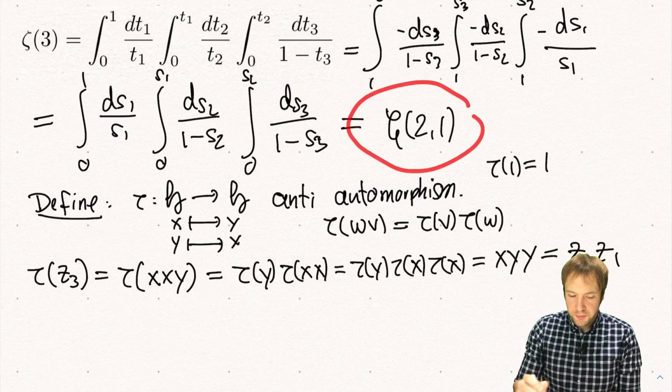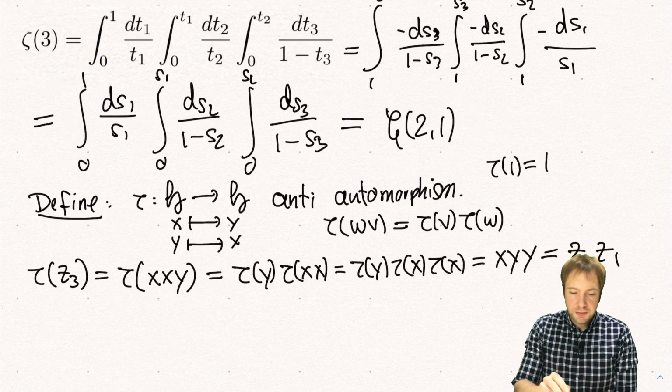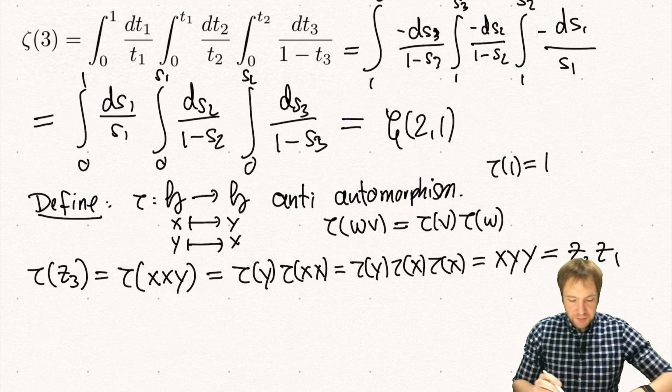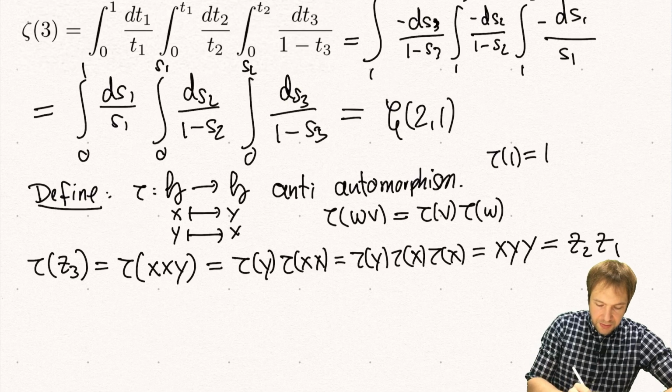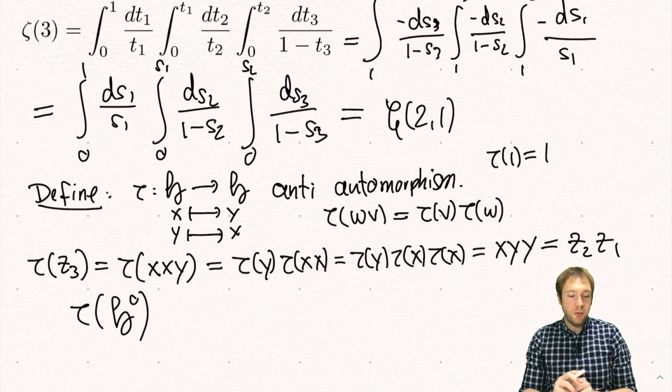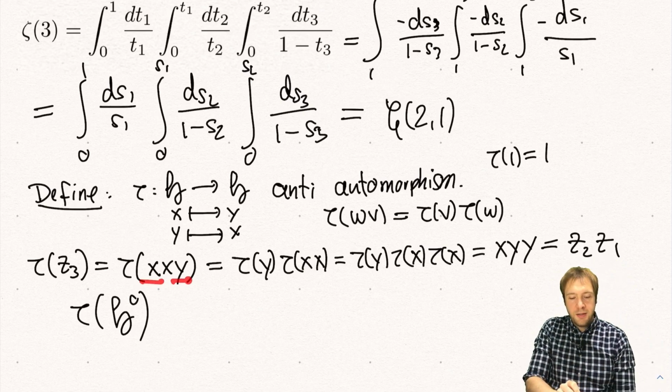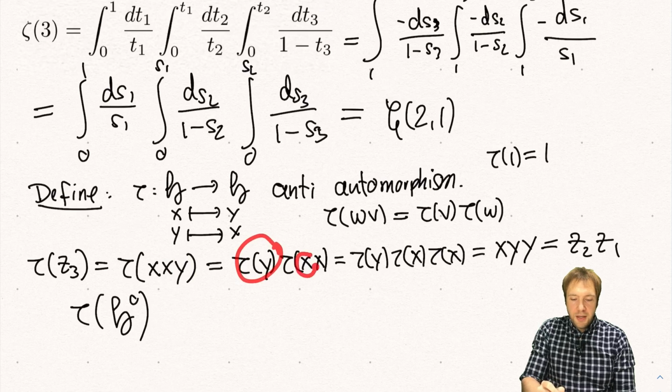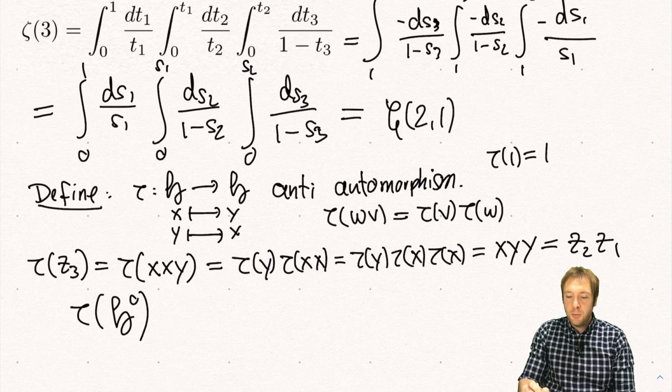And so this corresponds to this here. And also notice that if I apply tau to the subspace H0, so if I have a word starting in x and ending in y, like here, because it's an anti-automorphism, this tau y goes to the front, and this tau x will be at the end, and then changing x and y will ensure that also this word will start in x and end in y.